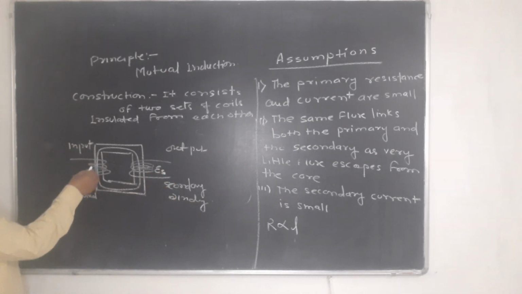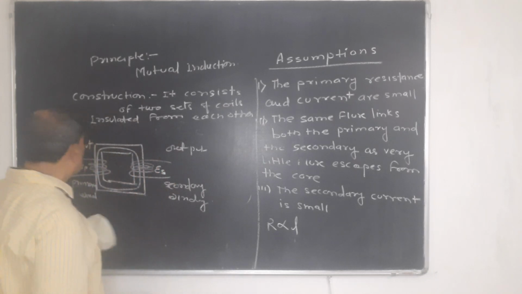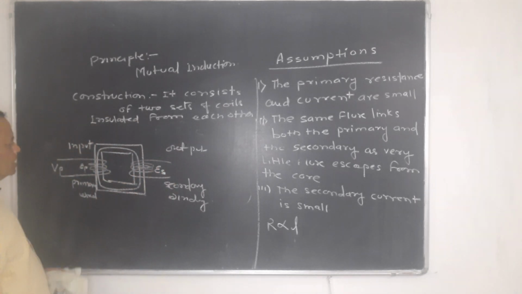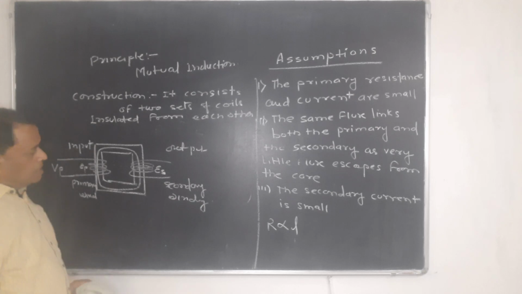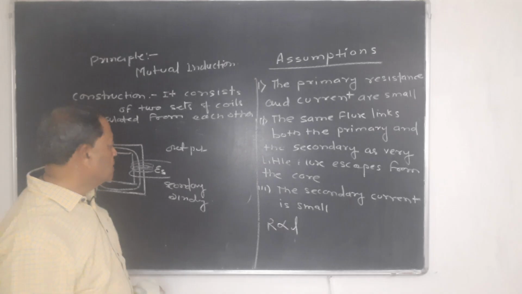Similarly, EMF is also induced in the primary because of this primary winding. This is the voltage applied to the primary. So we assume the transformer is 100% efficient, an ideal transformer.